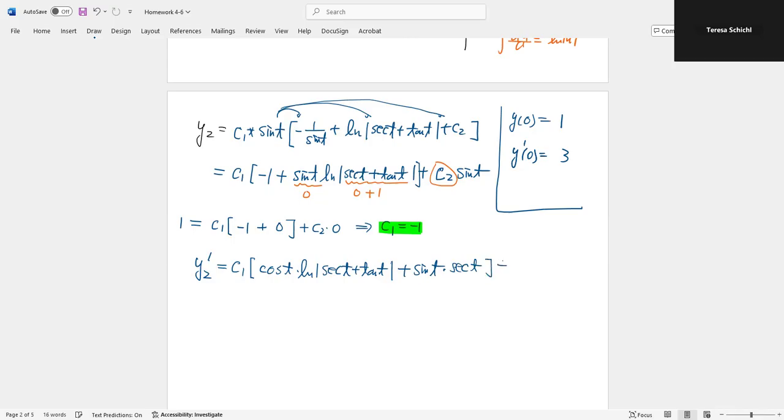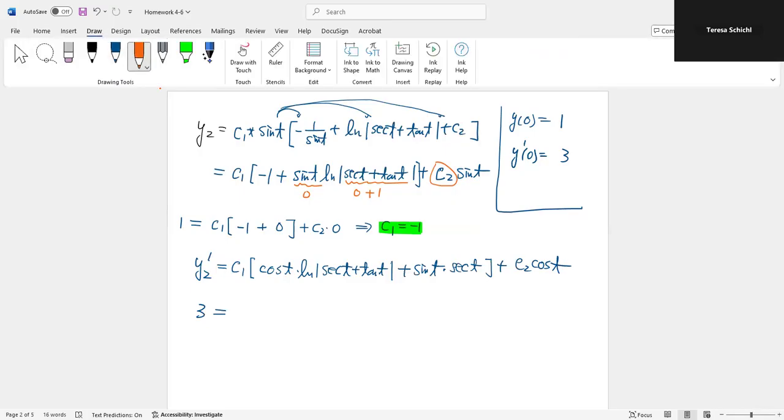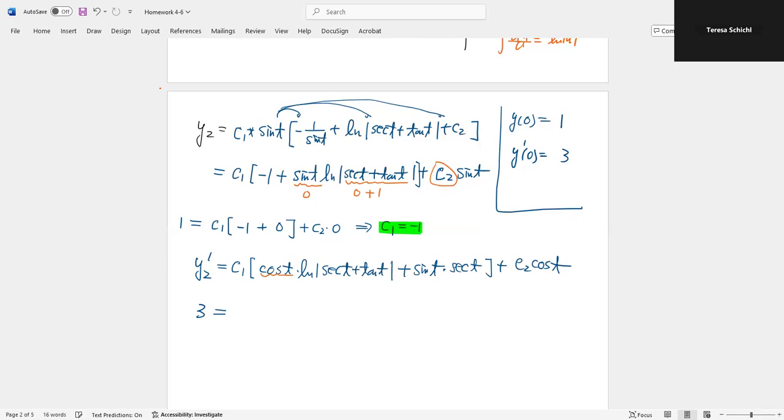Now plus C2 cosine t. Now I plug in the first derivative, so 3 is equal to, cosine 0 is 1, and secant 0 plus tangent 0 is 1 plus 0, so the natural log is 0.